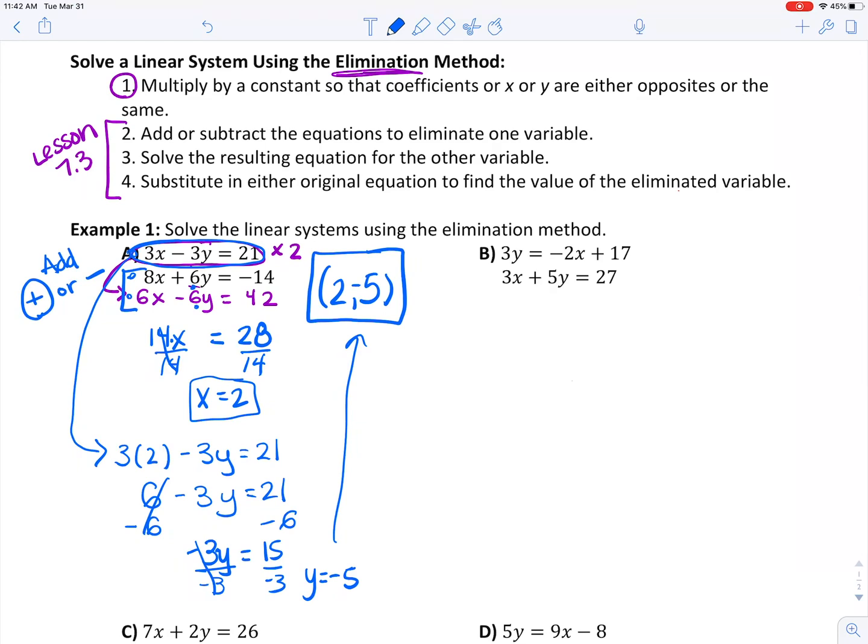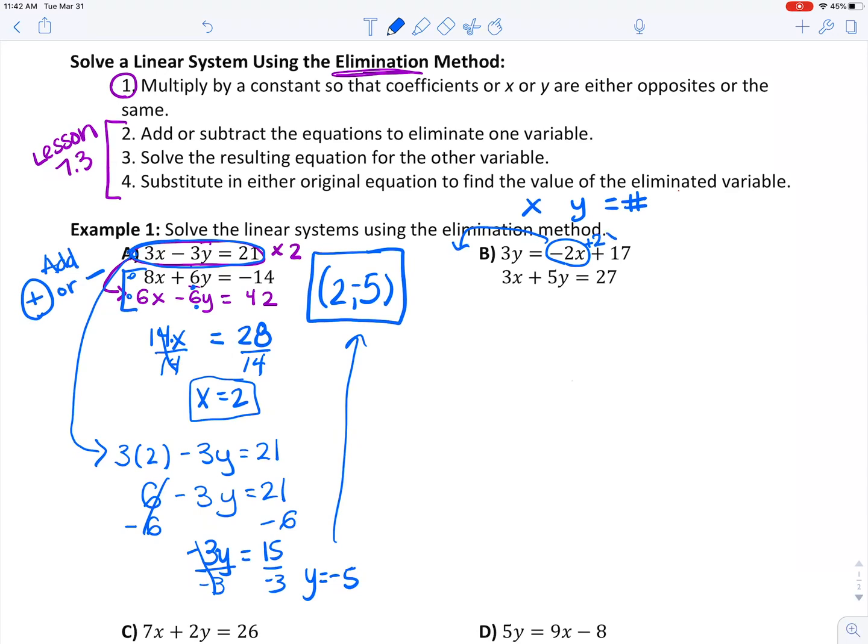All right, letter B is just a little bit more complicated because if we look in this one, my x and y is not lined up with each other. If we remember from lesson 7.3, we always want to make sure we have our x's, then our y's, our equal sign, and then our constants or plain numbers. So we first need to rewrite this. It looks like I want to move that negative 2x to the other side.